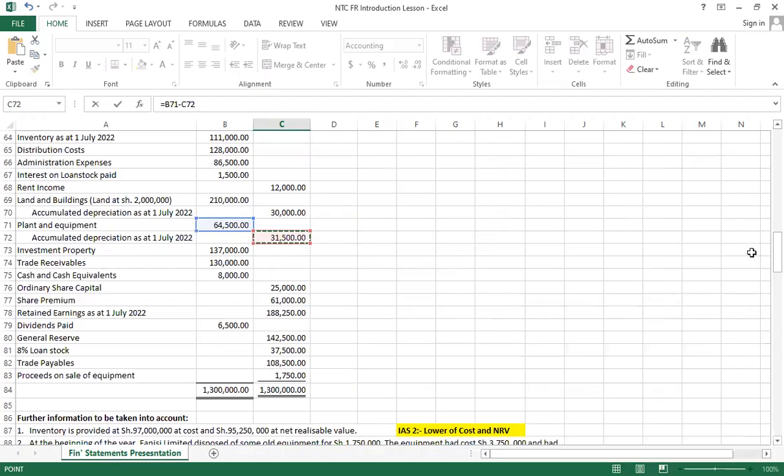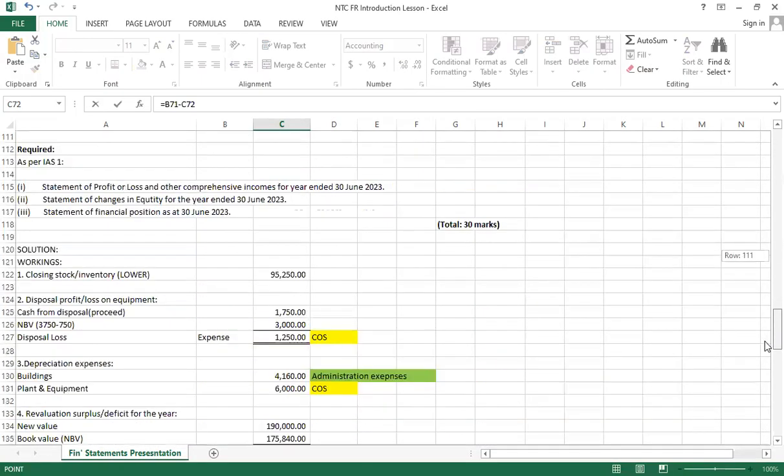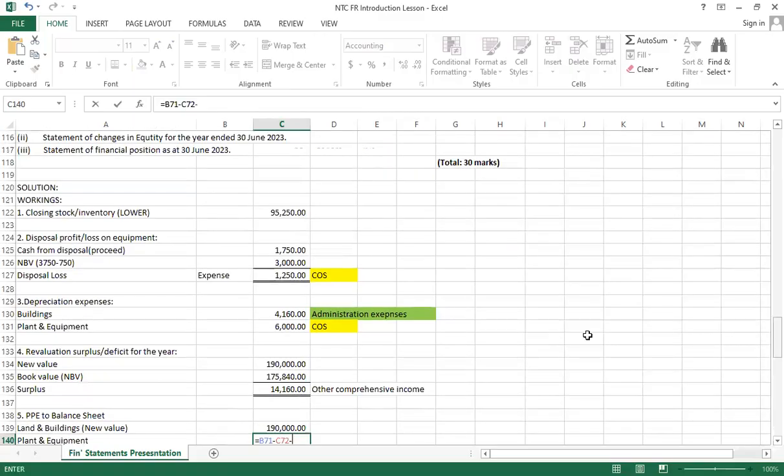And then in the workings, you have two more adjustments to make. One, you minus also, we had disposed some equipment, and the net book value of what we disposed was the 3,000 shillings. That's working number 2. And then minus also the depreciation for the period, still for the plant and equipment.